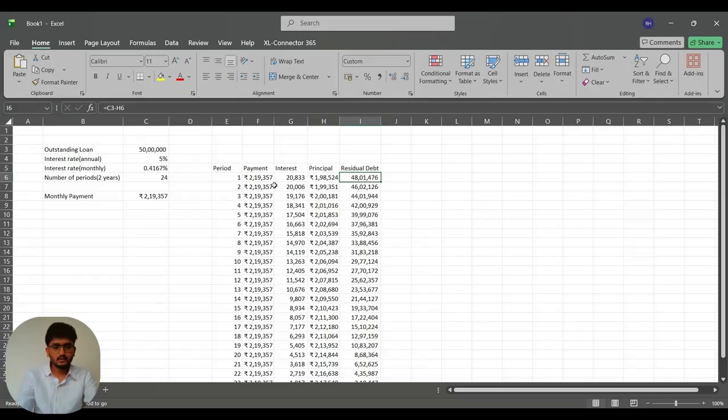Like that we have to do the second month also. The interest rate we calculated per month is 0.4167%. On the remaining amount of 48,01,476, the interest is 20,006 rupees. The second monthly installment is 2,19,357 rupees.